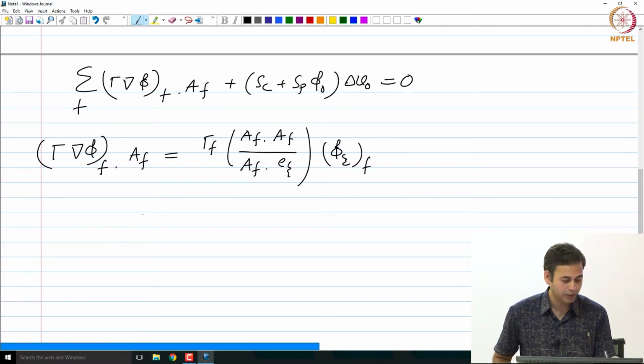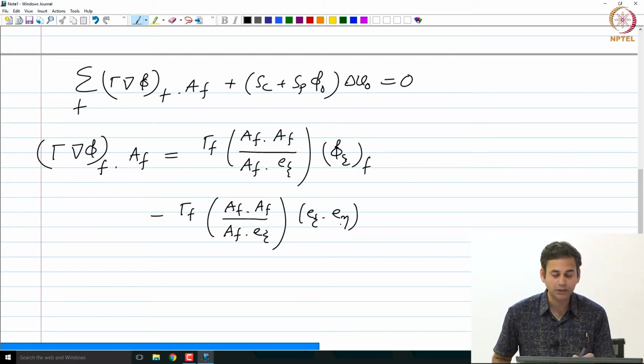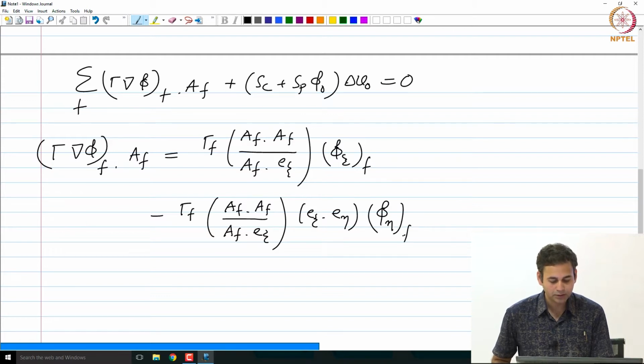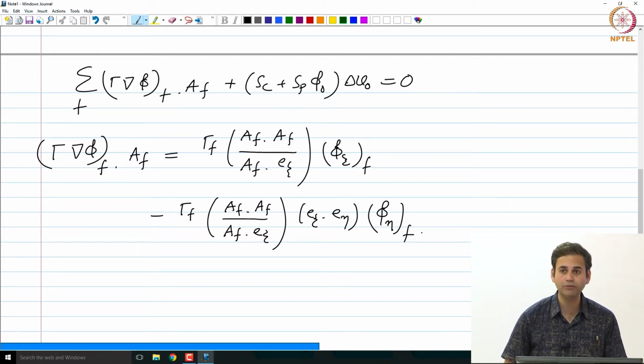Then the next term is minus gamma f times the same metric, AF dot AF by AF dot E xi times E xi dot E eta, times phi eta sub f.